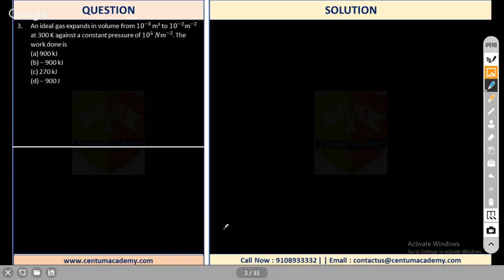I think option D is correct. Minus P delta V you have to use because constant pressure is given.